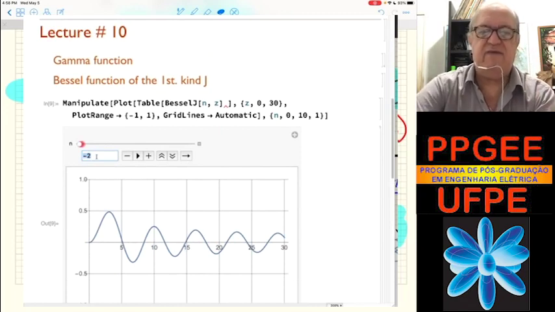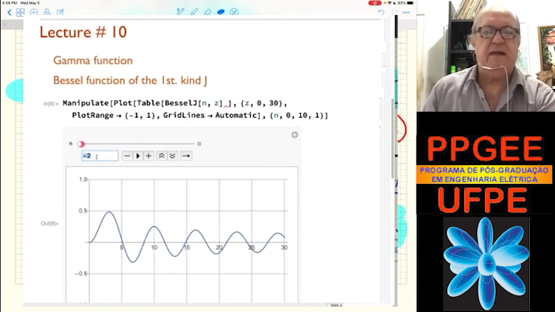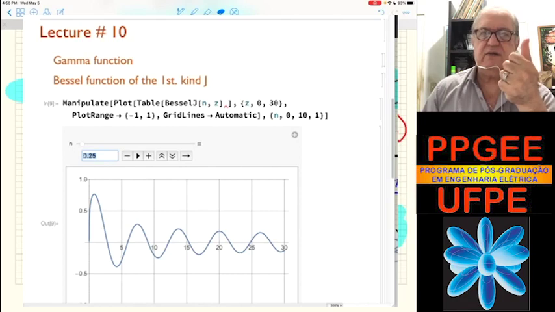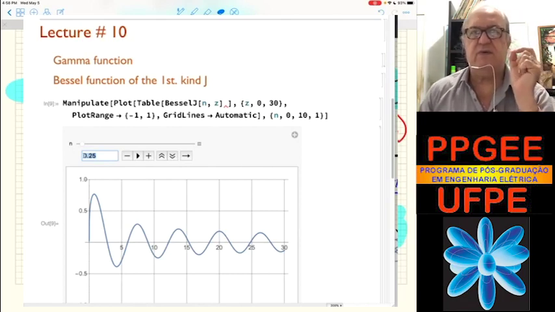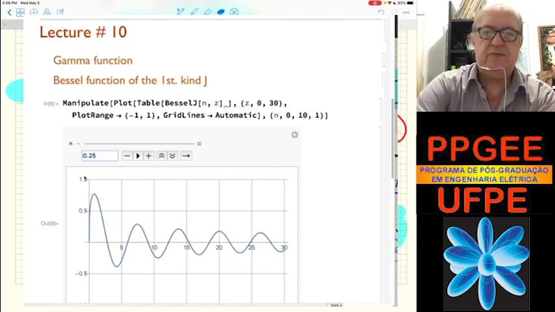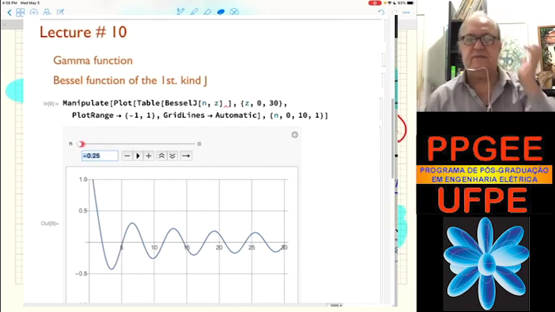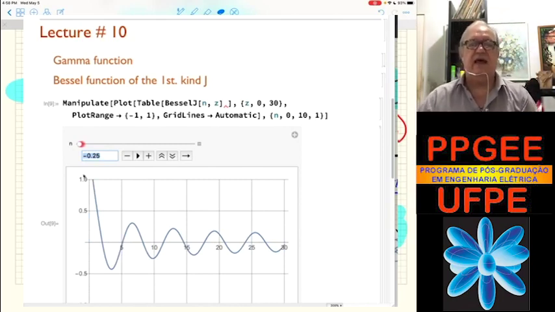So if I have 0.25, that's this function here, Bessel function of order 0.25, and minus 0.25 is a different solution. It's a Neumann function, right? So this is also a possible solution.